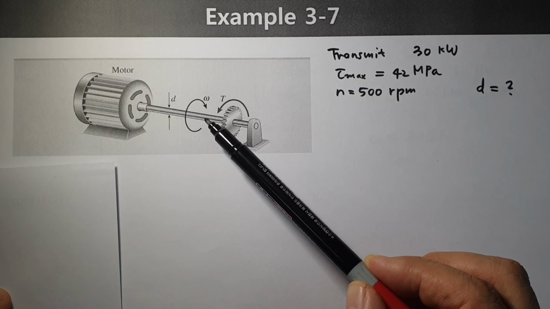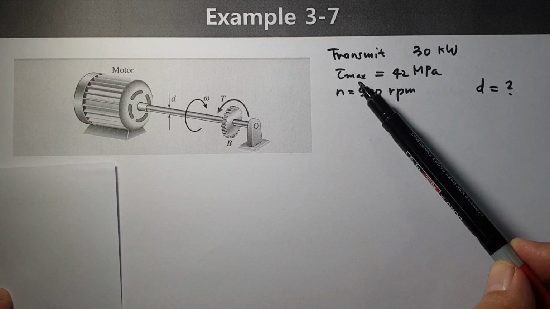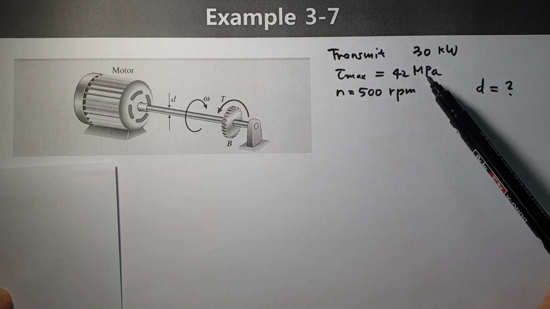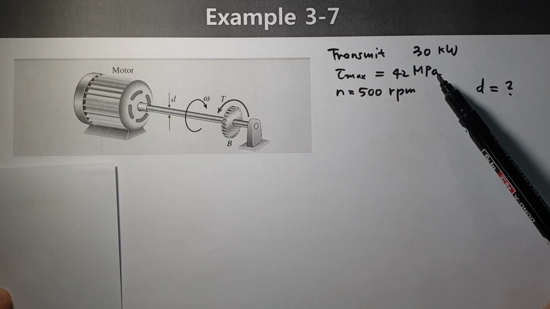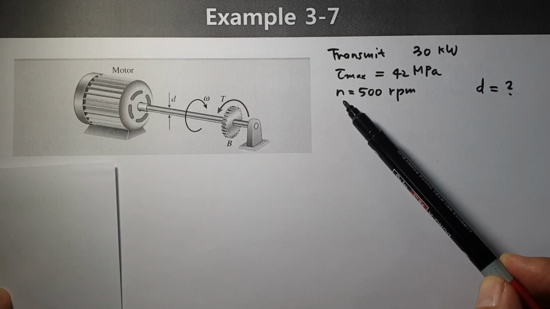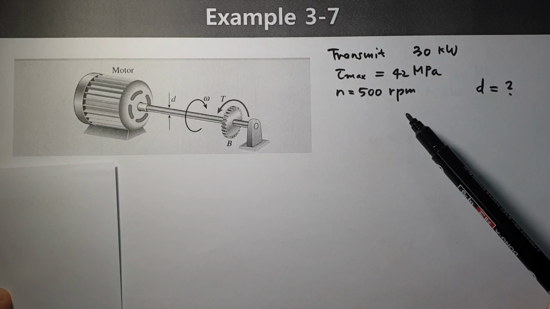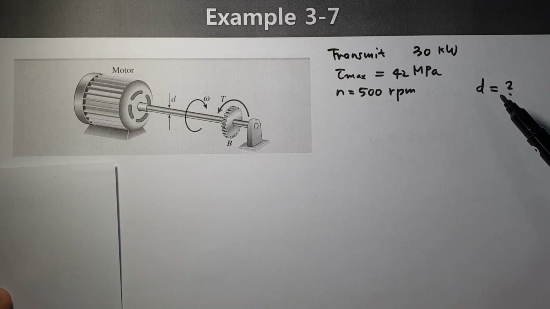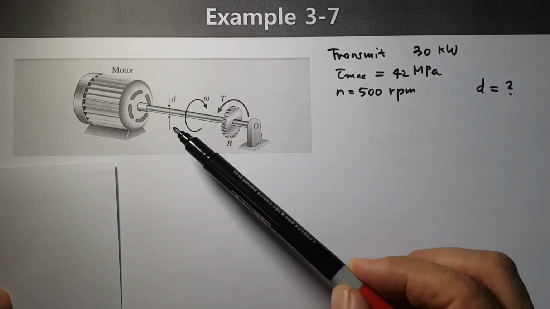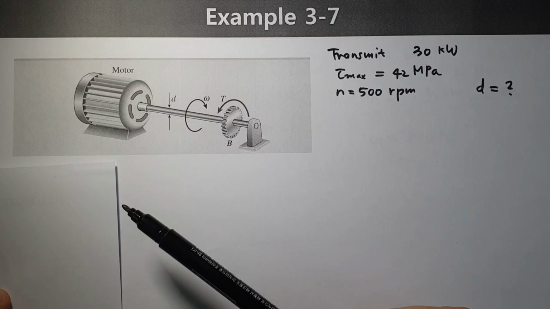And here in the shaft, maximum available shear stress is 42 megapascal, and the rotating speed is 500 rpm, revolution per minute. When you have this kind of data, then we would like to know finally what's the required diameter for this shaft. That's our goal.